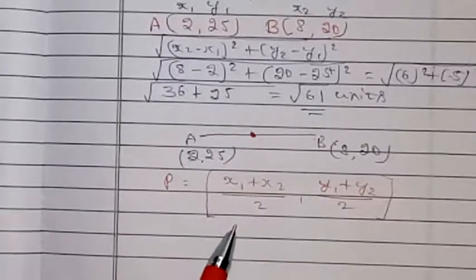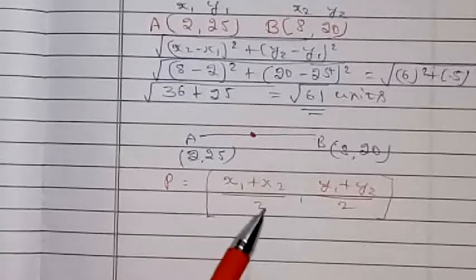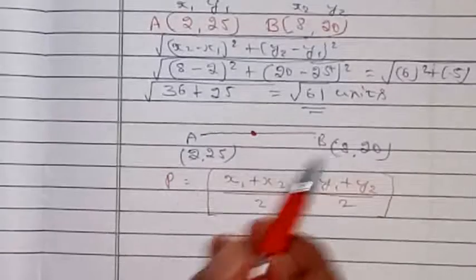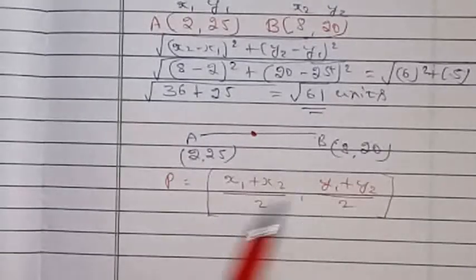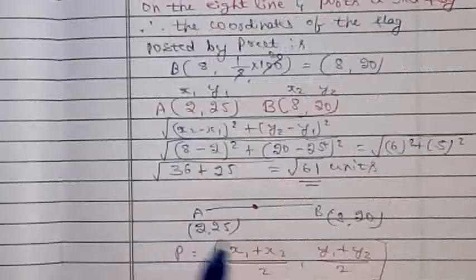So this is the formula to find the coordinates of the midpoint of the line segment of the 2 coordinate points. By this formula we can find the exact midpoint coordinate.